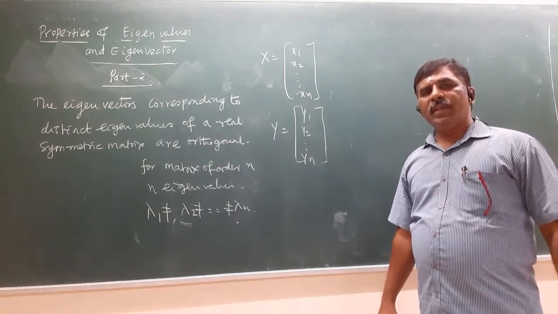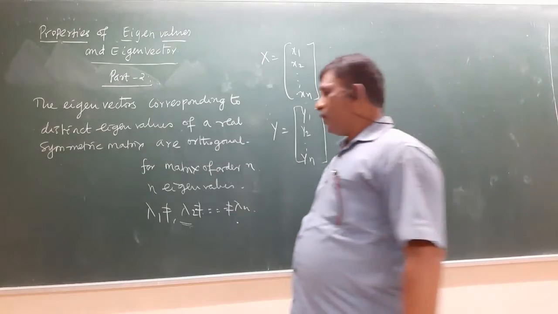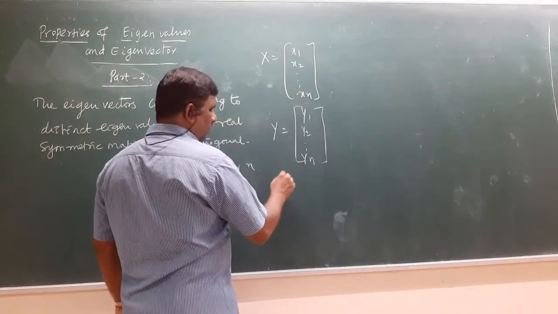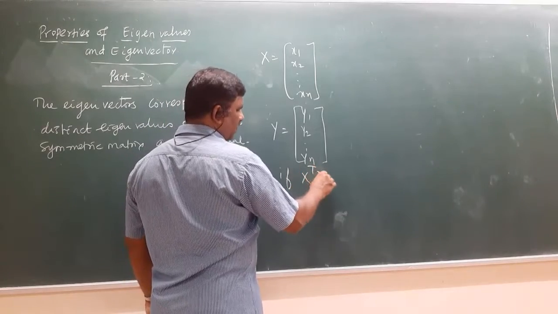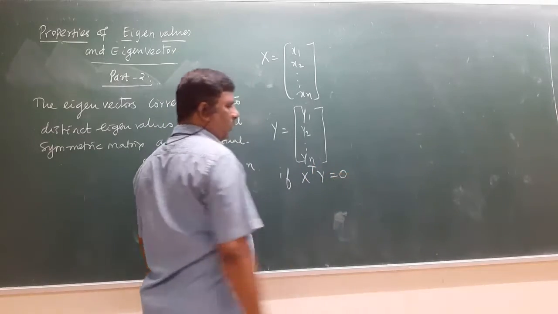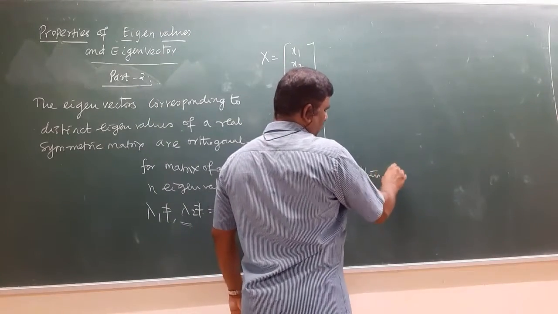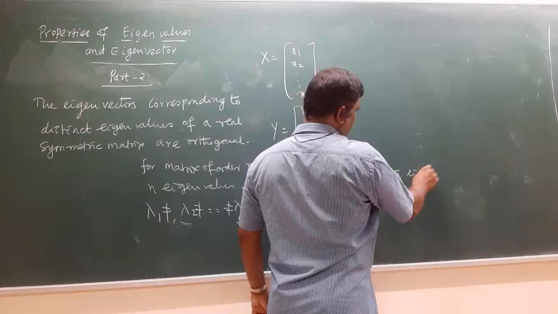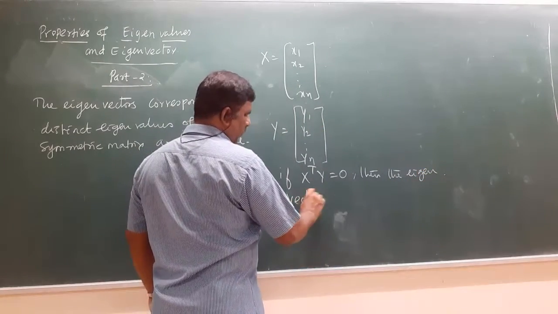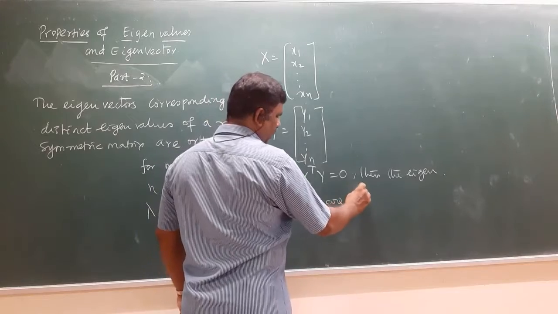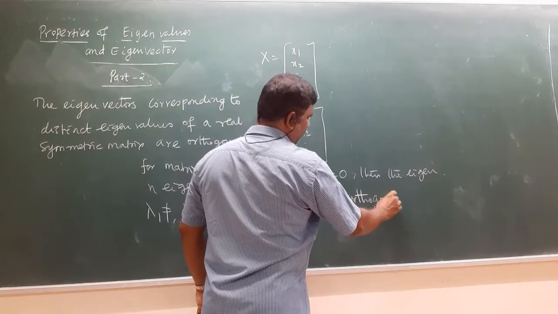They are said to be orthogonal if x transpose y equal to 0, then the eigenvectors are orthogonal.